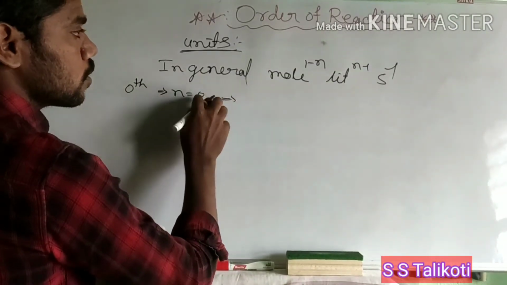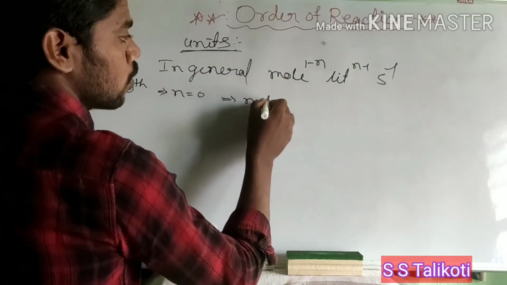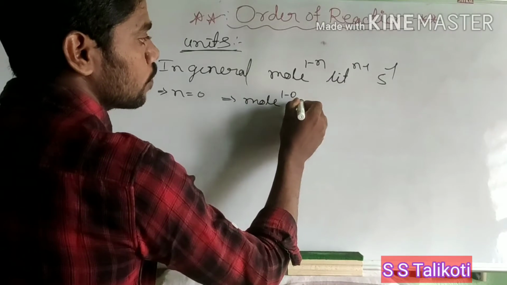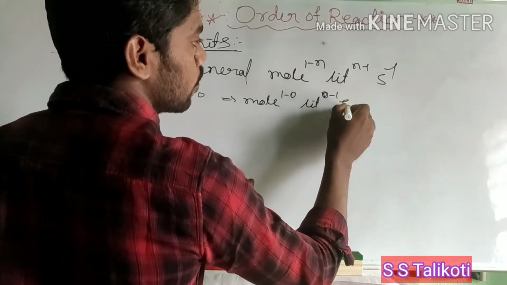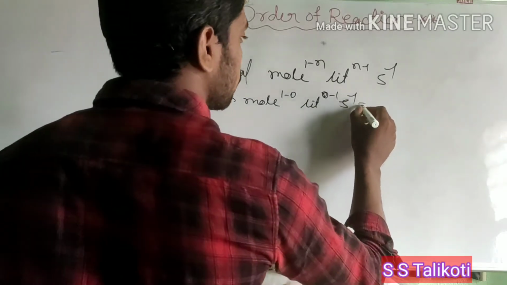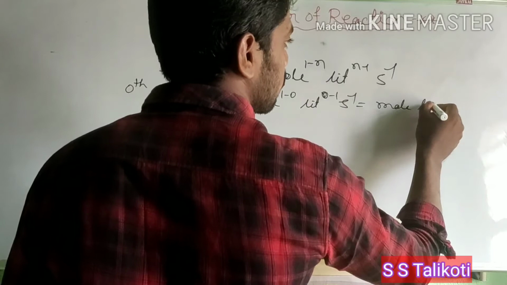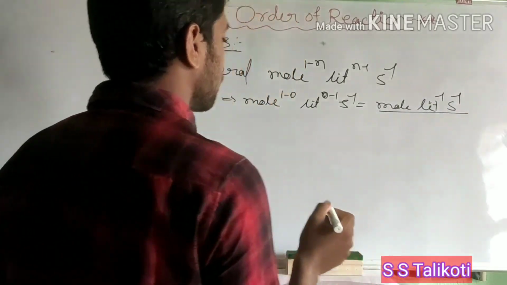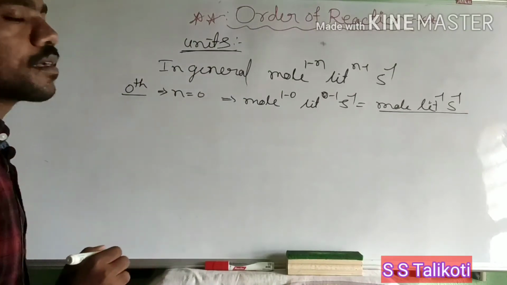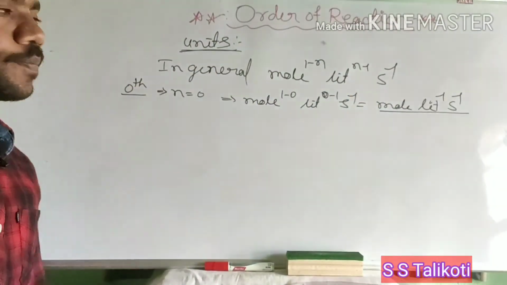Therefore, mole 1 minus 0, liter 0 minus 1, per second. Therefore, what is the unit? Mole liter minus 1 per second. This is the unit for the zeroth order reaction.